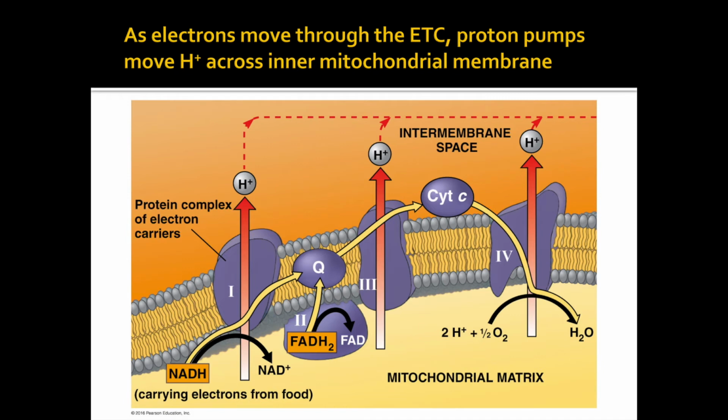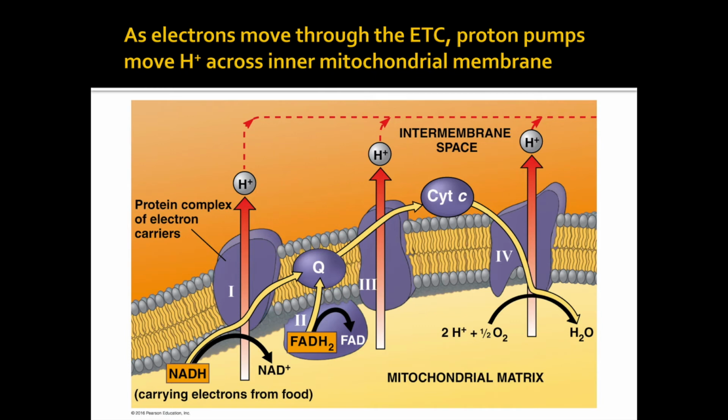So there's actually more energy being released when electrons are dropped off by the NADs because they're dropped off earlier in this electron transport chain. The energy that is released by the redox reactions of these electrons being transferred drives hydrogen ions, or these protons, being pumped across the membrane from the matrix into the intermembrane space.